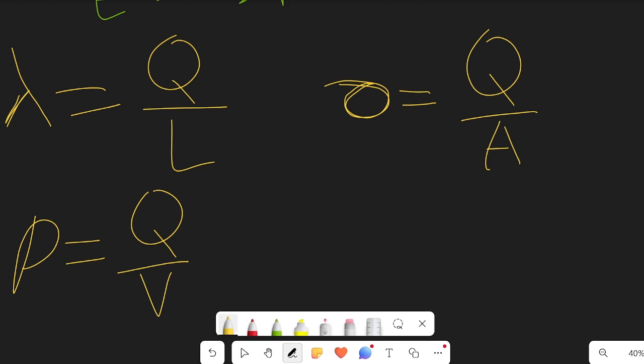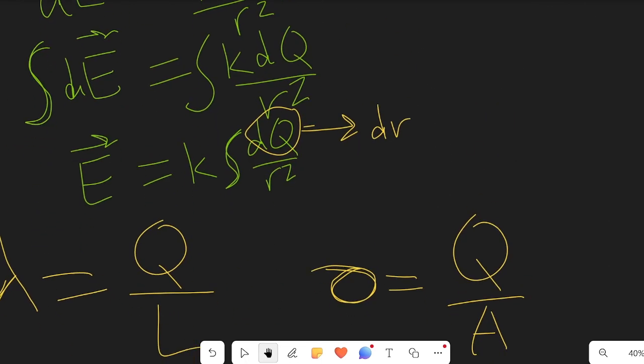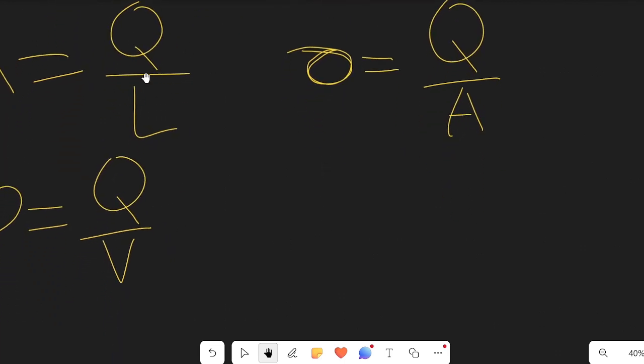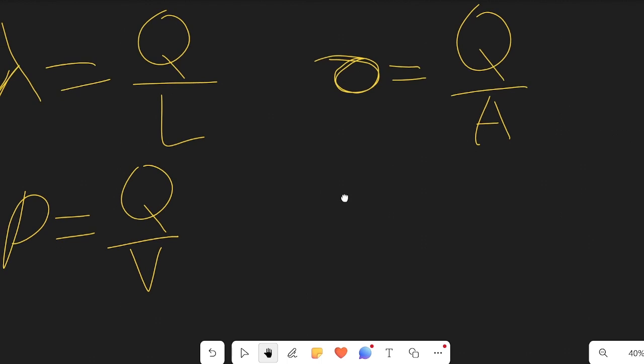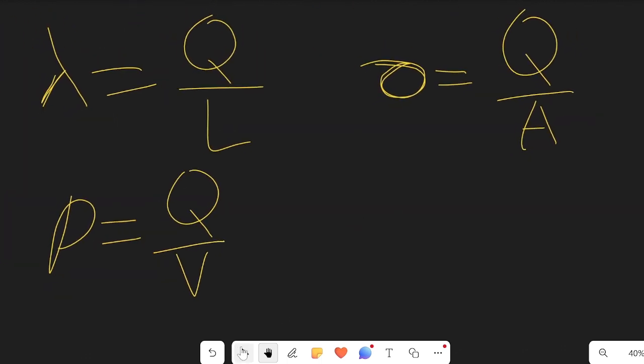So now what you'll have to do is substitute a linear charge density into it, and it'll depend on which shape you are using, right? Actually, before we do that, remember we can convert this into a differential, just so we can substitute dq in.